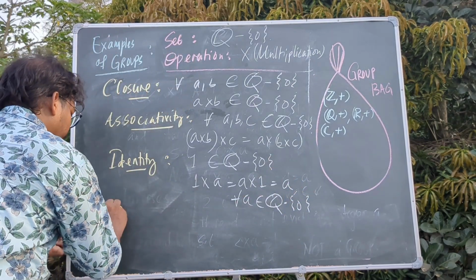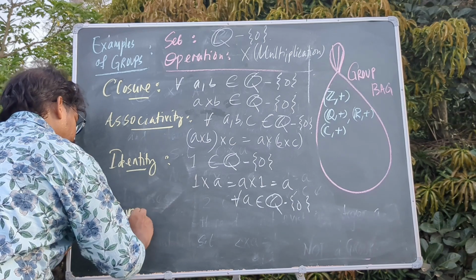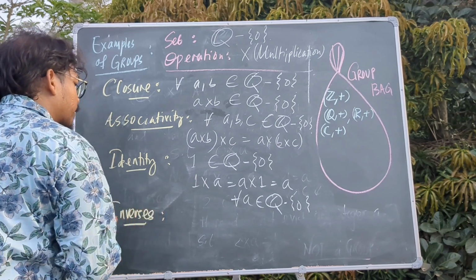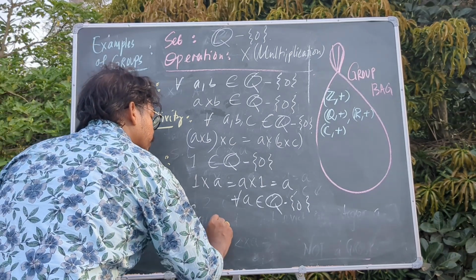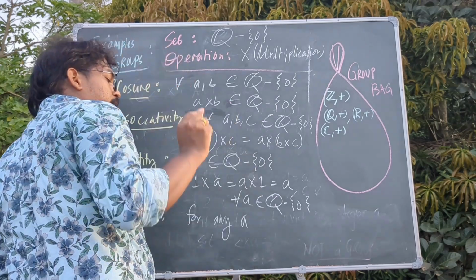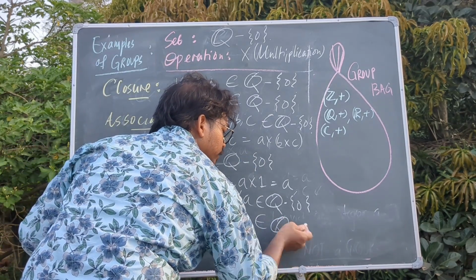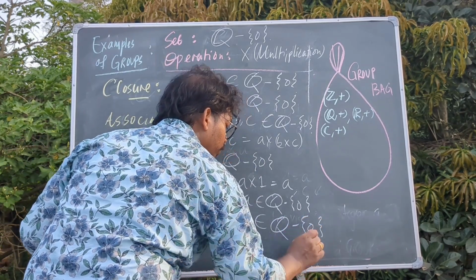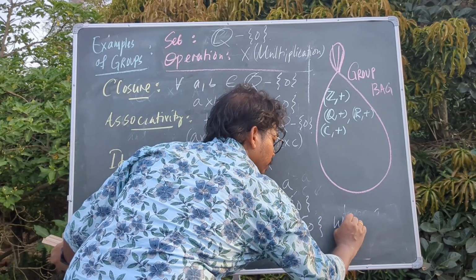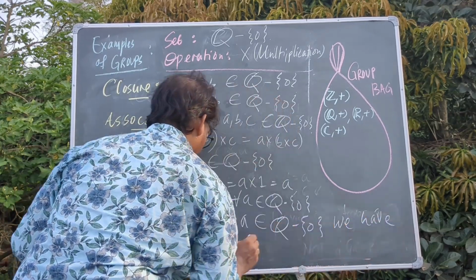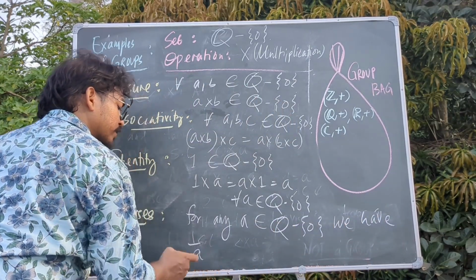What about inverses? For any a in the set of rationals with 0 removed, we have 1 over a.